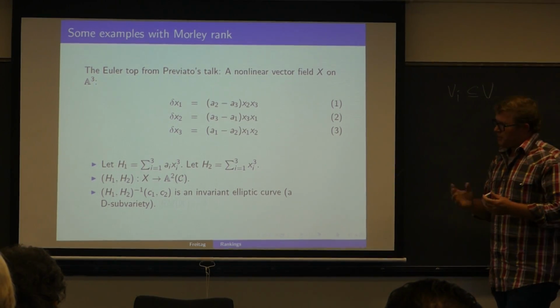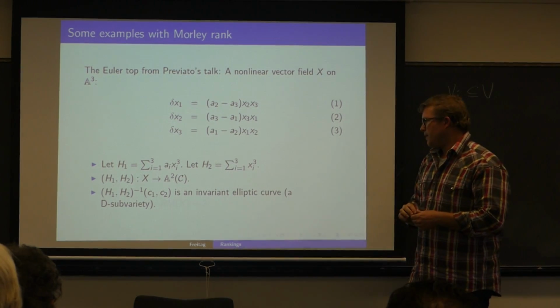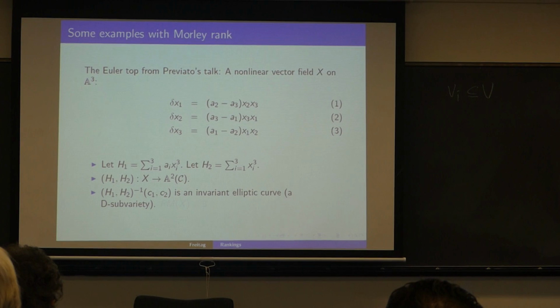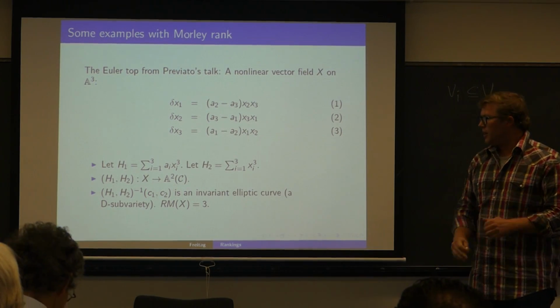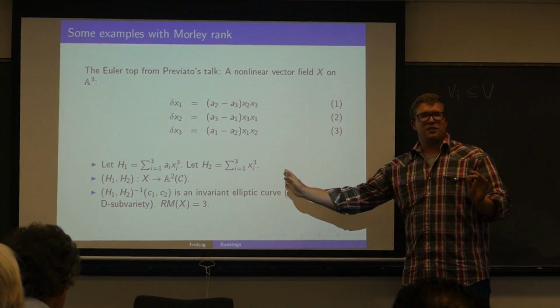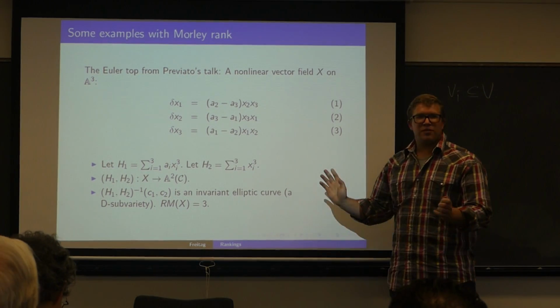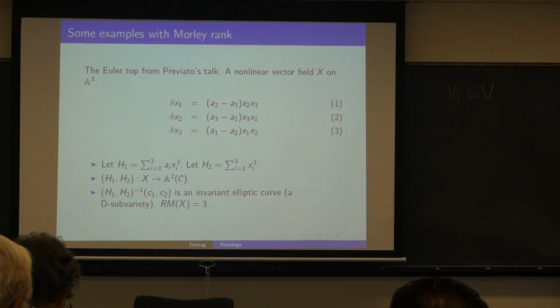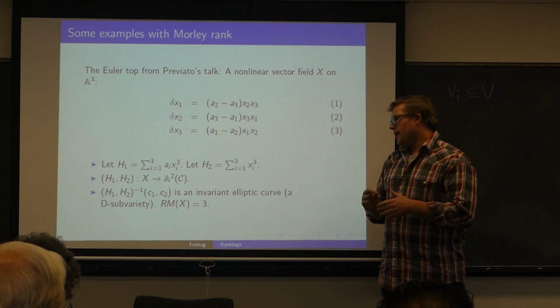And because of that, it's easy to prove that the Morley rank of this variety is 3. So well, what do you mean invariant elliptic curve? I mean that it's a D-subvariety. You can cross out invariant. Of affine 3 space. So from this, it's easy to prove that the Morley rank is 3.